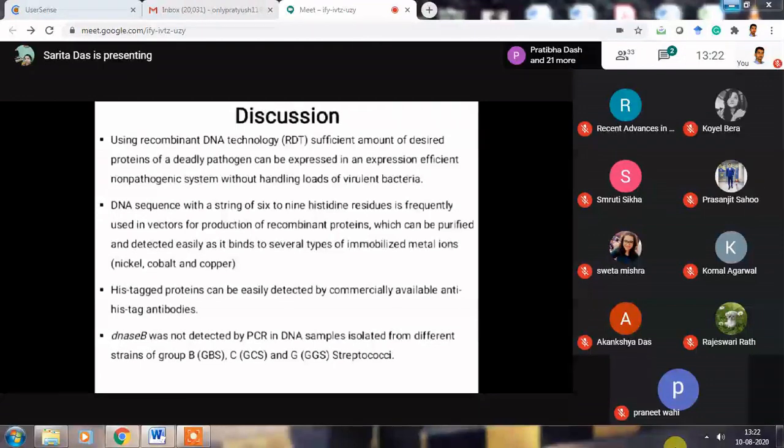A DNA sequence with a string of 6 to 9 histidine residues is frequently used in vectors for production of recombinant proteins, which can be purified and detected easily as it binds to immobilized metal ions, and the process is called immobilized metal affinity chromatography, IMAC. His-tagged proteins can be easily detected by commercially available anti-His antibodies, and DNase B is not detected in the PCR or DNA samples from the rest of the groups except group A strep.